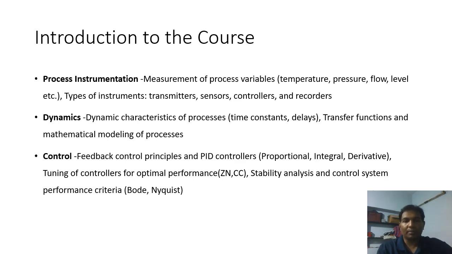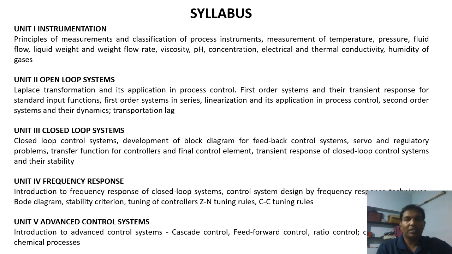the control mechanism. So next, moving on to the syllabus, we have 5 modules. The first module will cover the instrumentation part. It includes the principles of measurements, classification of process instruments, and measurement of temperature, pressure, flow, viscosity, concentration, and humidity.